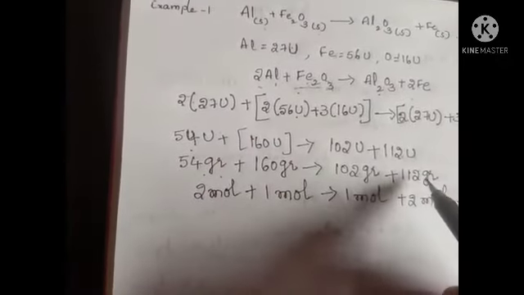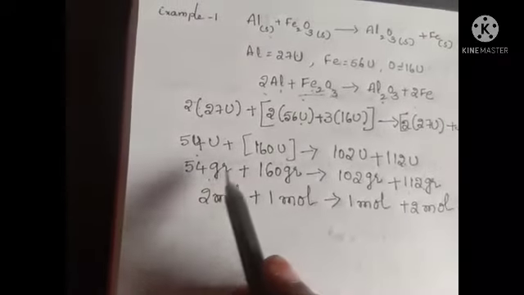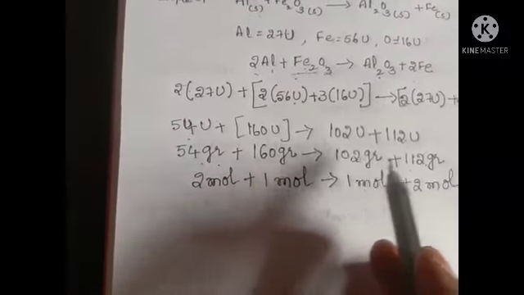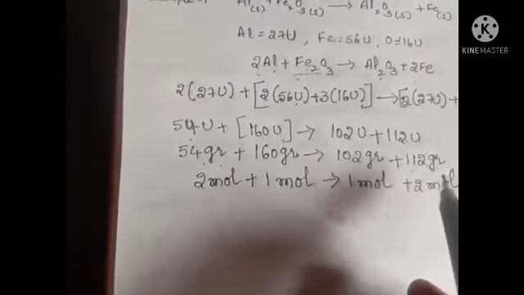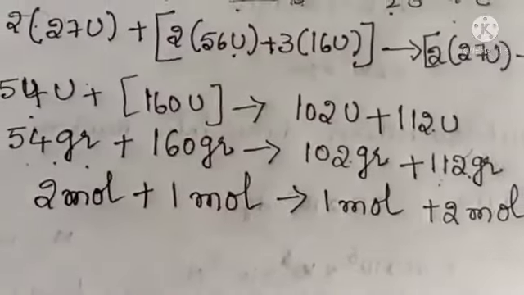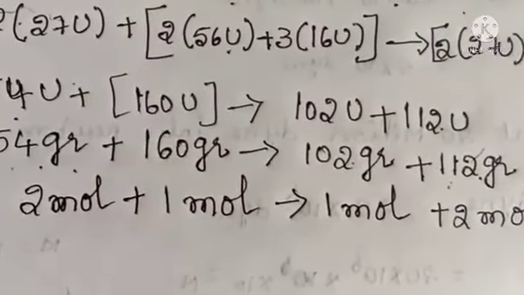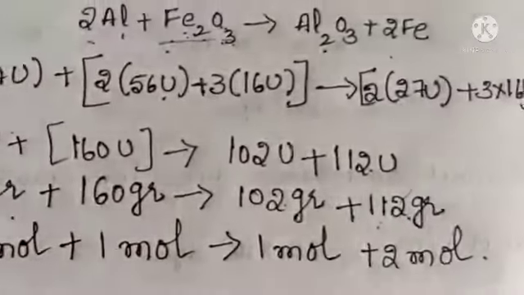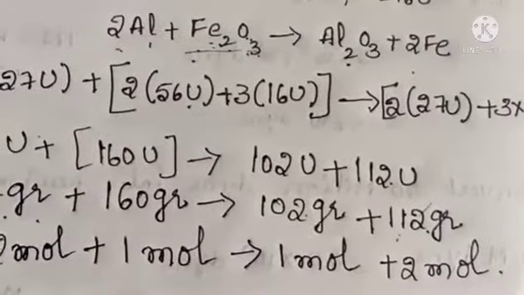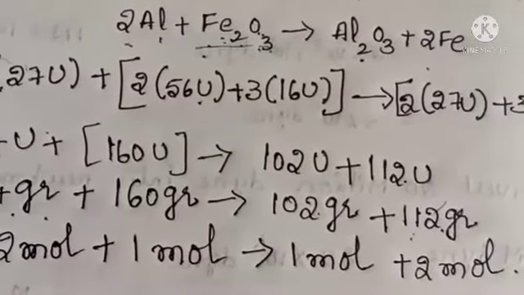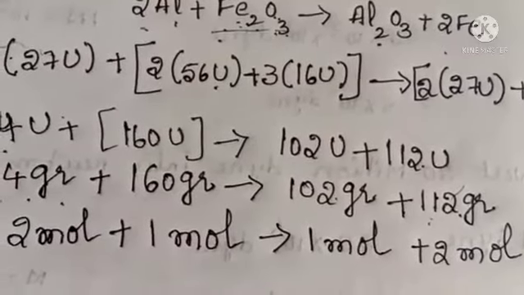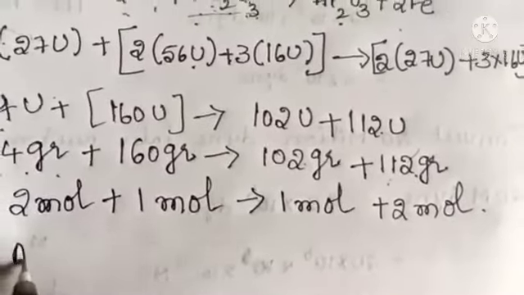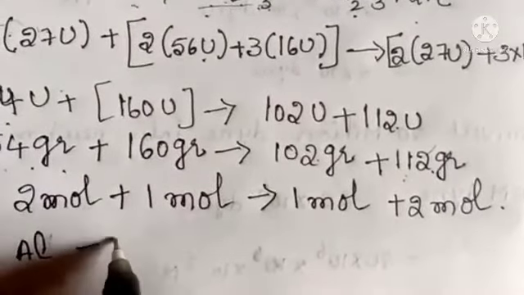Ferrous is 112 grams. Listen carefully. What is the question here? 54 grams of aluminium is required for 112 grams of ferrous. Suppose we calculate the aluminium; the aluminium value we don't know.